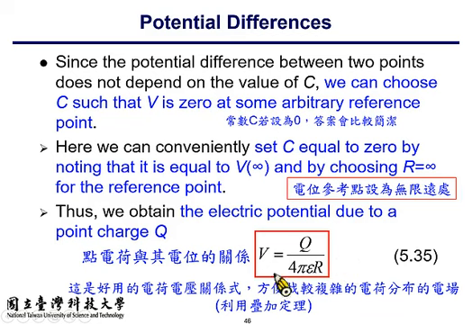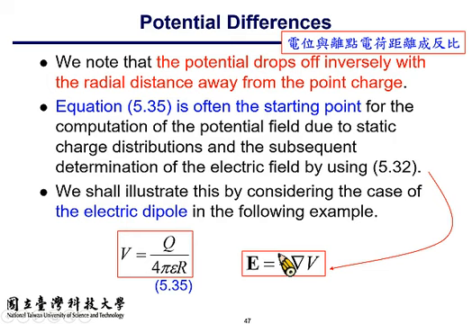So the expression for the voltage of a point source is Q over 4 pi epsilon r. It is proportional to the magnitude of the electrical charge and inversely proportional to the distance r.